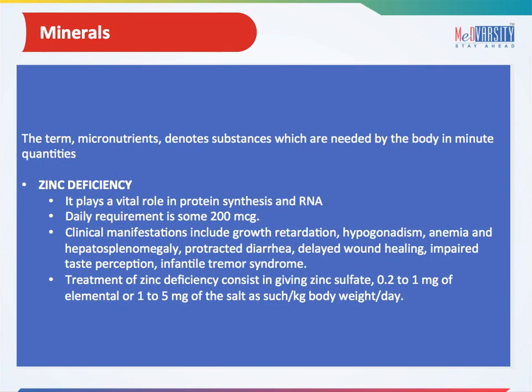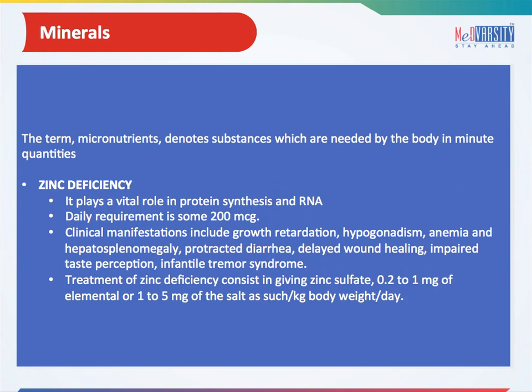Minerals. The term micronutrients denotes substances which are needed by the body in minute quantities. Zinc deficiency. Zinc plays a vital role in protein synthesis and RNA. Daily requirement is some 200 mcg.